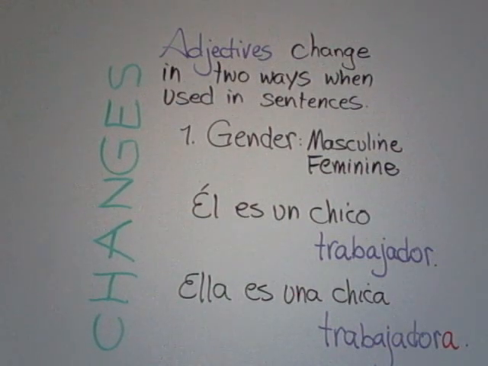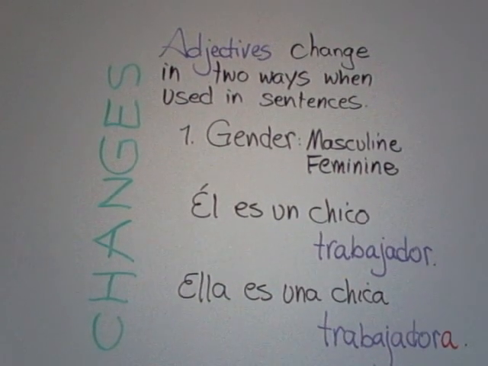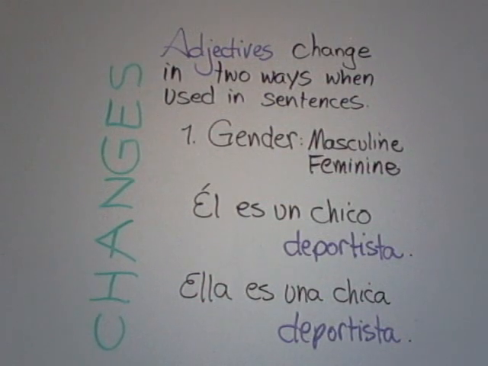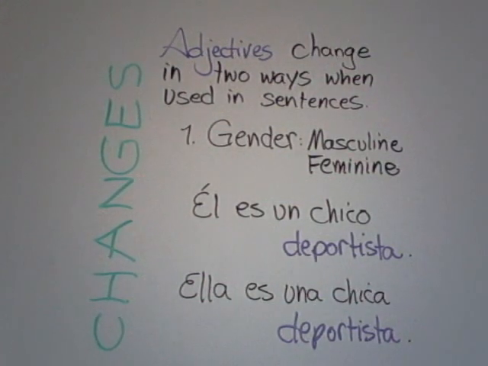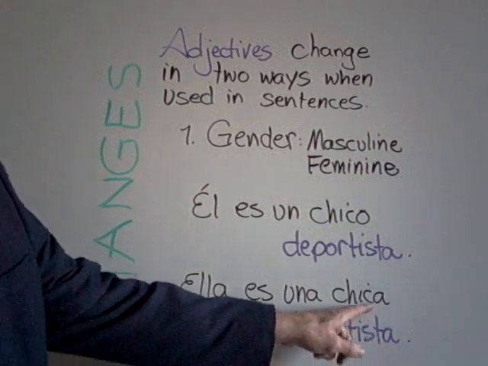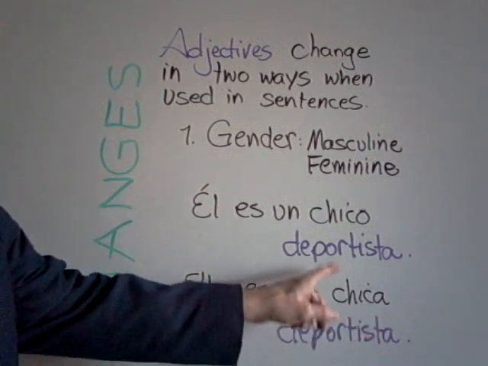Oh, there is one other tricky item. Él es un chico deportista. He is a sporty person, or athletic. Ella es una chica deportista. She is an athletic girl. Notice, you might think to say, hey, wait a minute, Mr. Gardner, this is deportista, that's feminine, it goes with chica, yes.